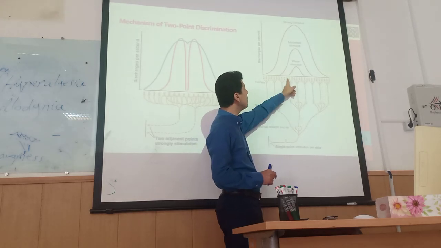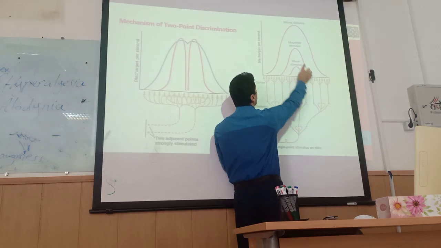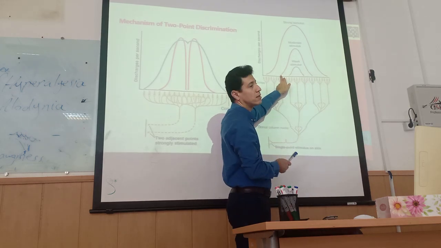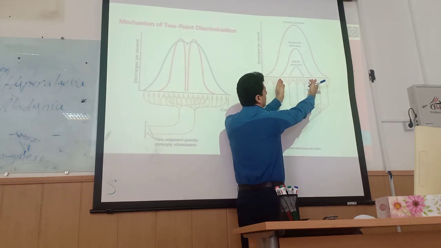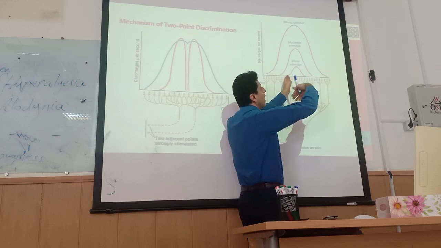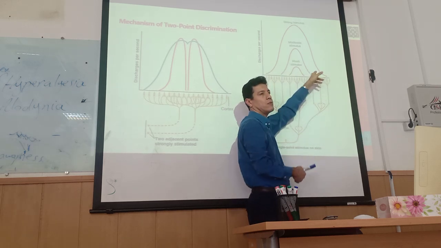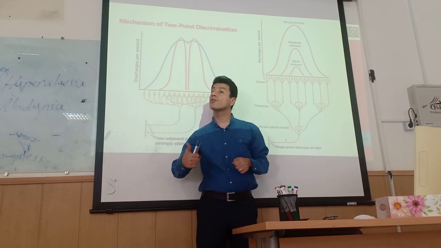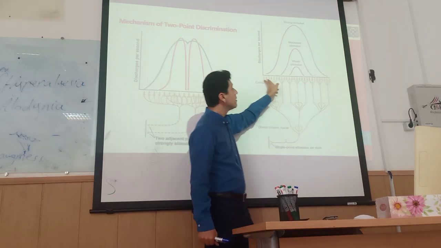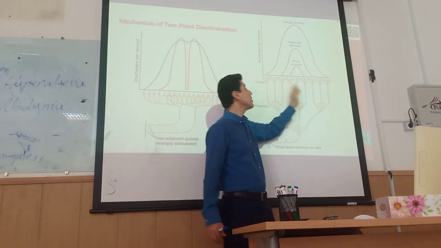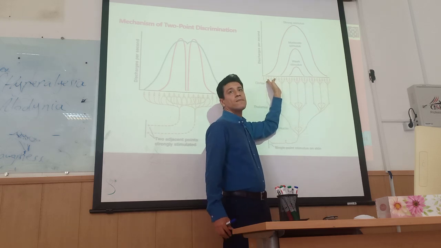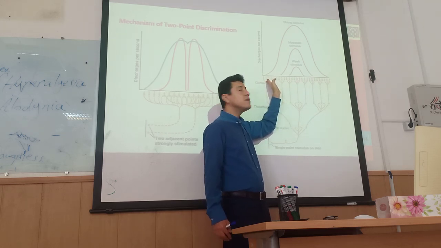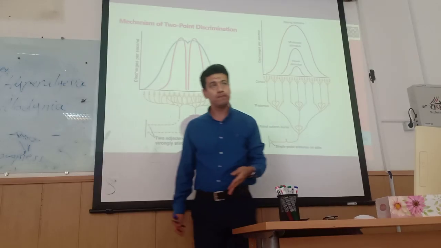When the stimulation is moderate, more neurons are activated, and the firing activity is also greater. When the stimulation is strong, then the highest population of the neurons is activated, and the firing activity is maximum.